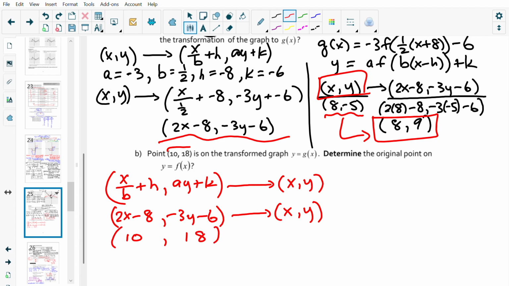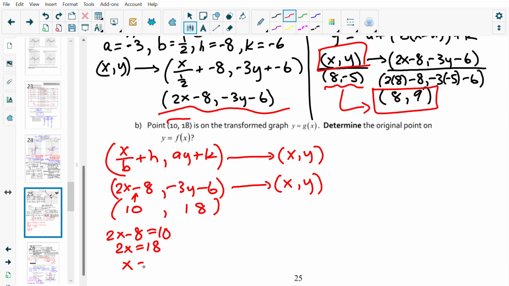Well, here's the deal. 10, 18. See a clue on how we get the x and the y value, right? 10 is equal to 2x minus 8. So 2x minus 8 equals 10. Let's solve it. So 2x equals 18. X equals 9. Well, look at that.